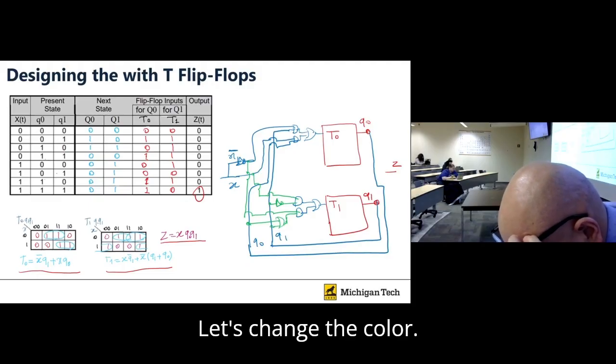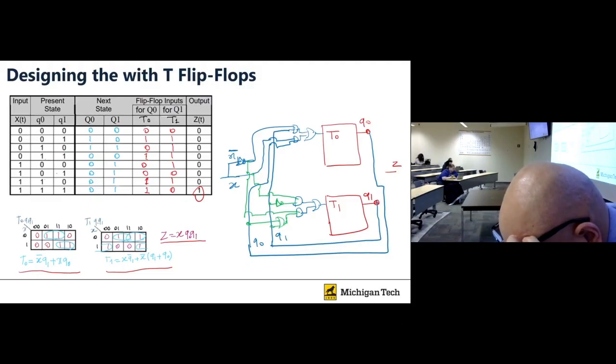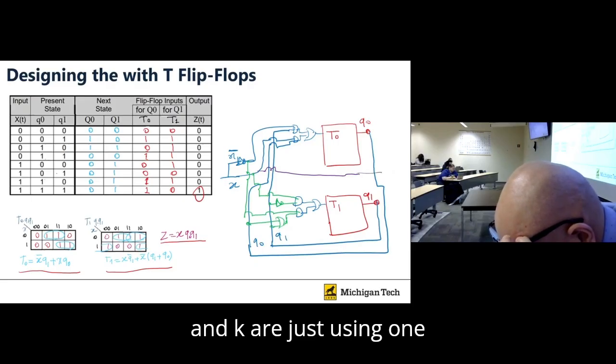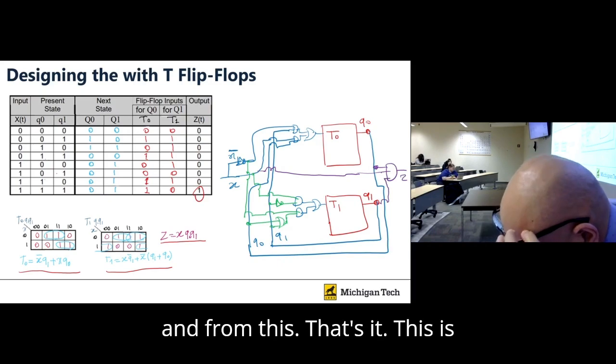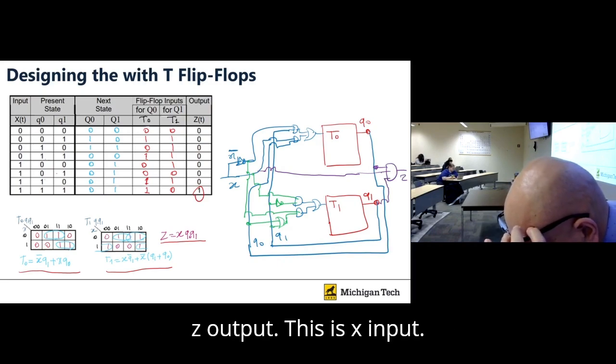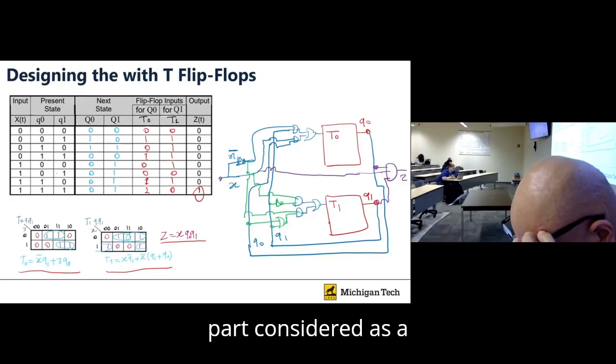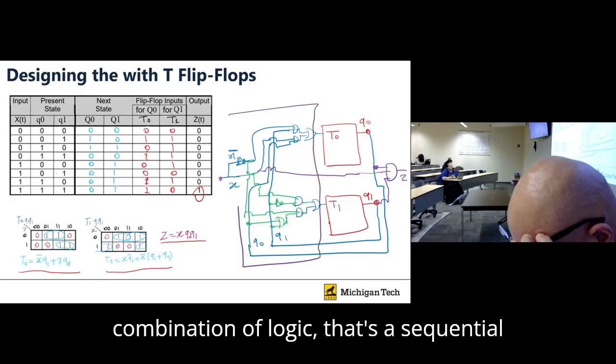Okay, let's change the color. X. X. And they are just using one OR, one from this, one from this. That's it. This is Z output, this is X input, and this is the circuit. This part can be considered as combinational logic. That's the sequential part.